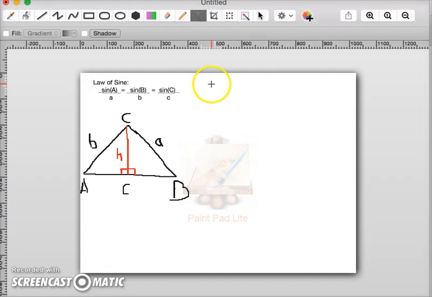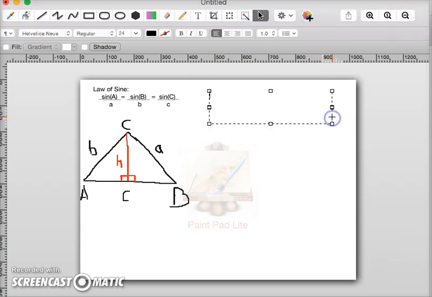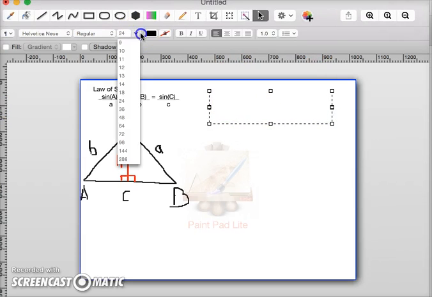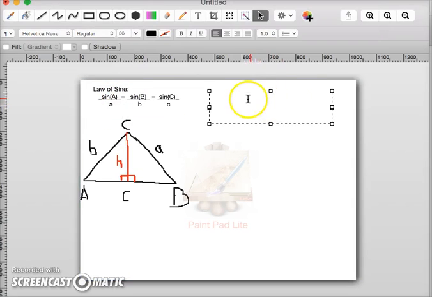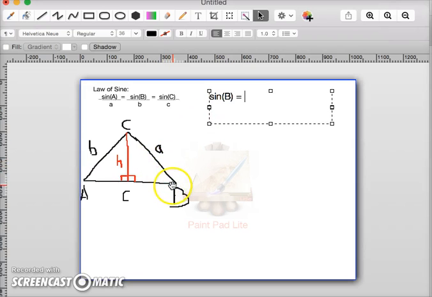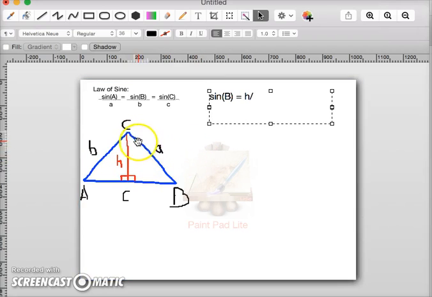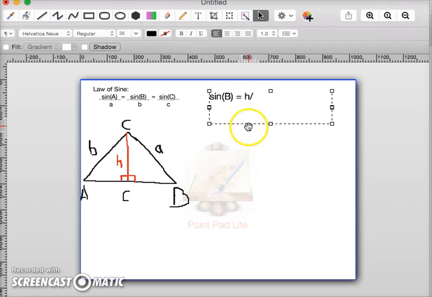As we know, the sine of angle B would equal its opposite, which is H, over the hypotenuse, which is a.